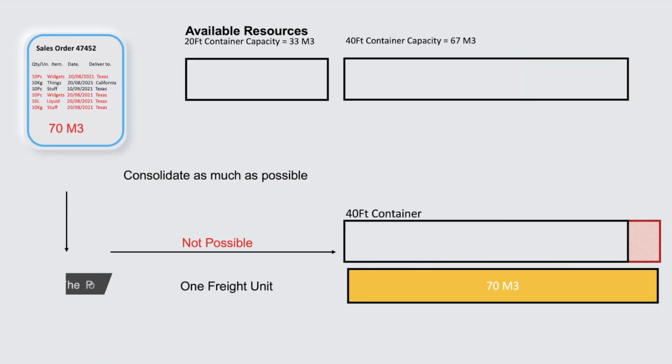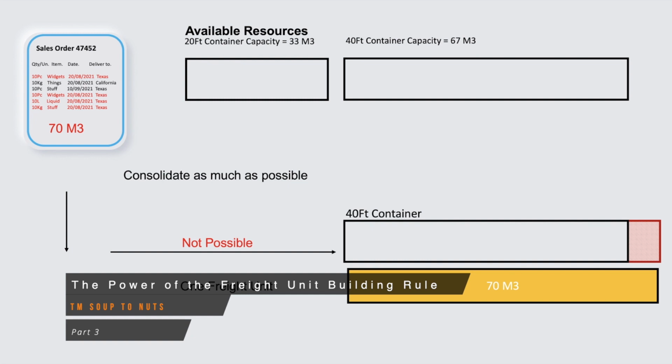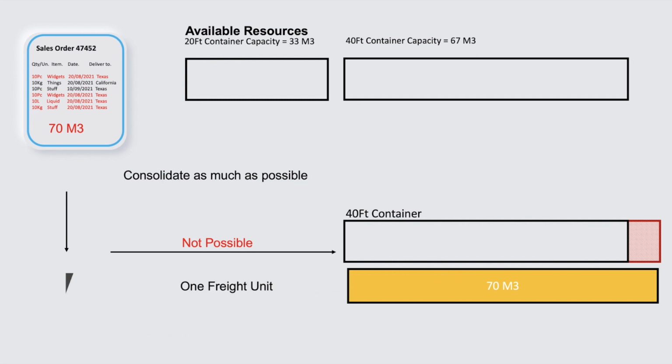To illustrate how the freight unit building rule works, we'll use the example that we have before us. So again, we have our sales order on the left, which is made up of 6 items, and we've highlighted in red those 4 sales order items that it would make sense to group together because they share a common requested delivery date and requested delivery location.